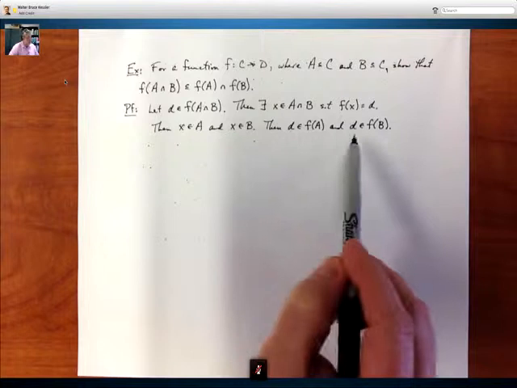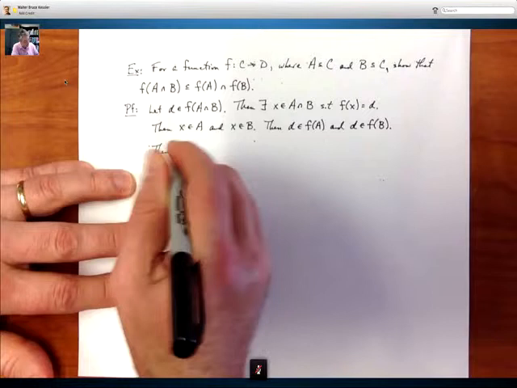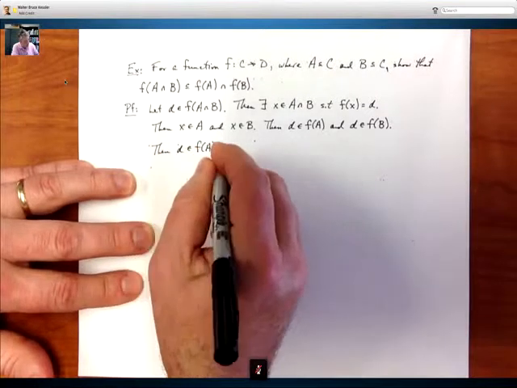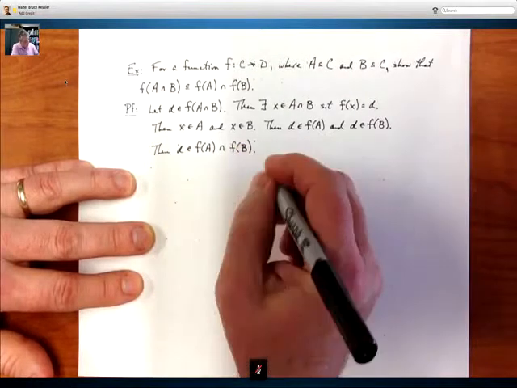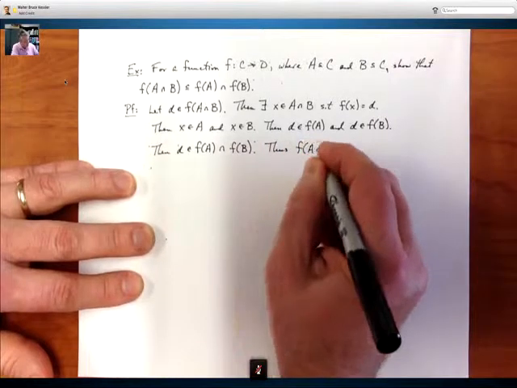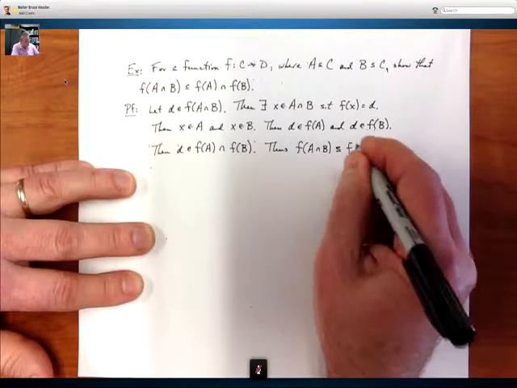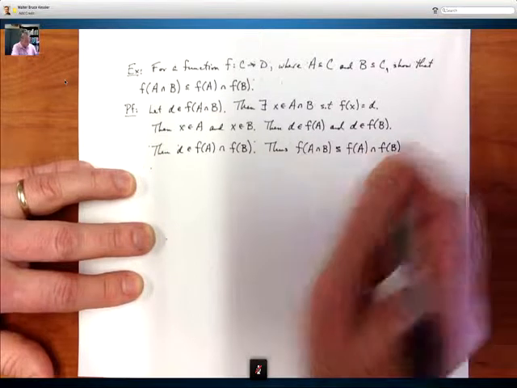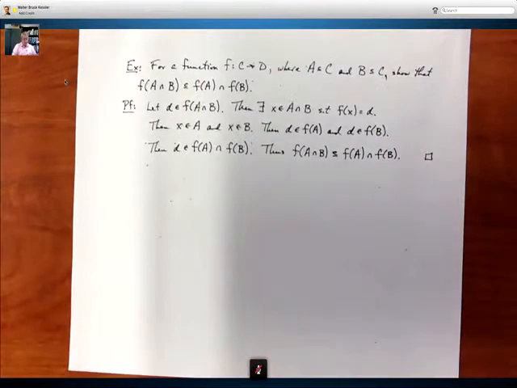So d is in the image of f of A, it's in the image of f of B, and that means it's in the intersection. Thus, f of A intersect B is a subset of f of A intersect f of B. And we're done.